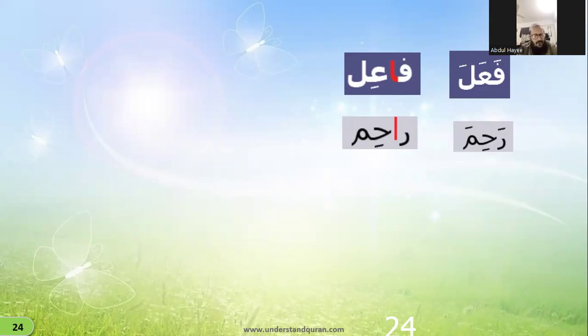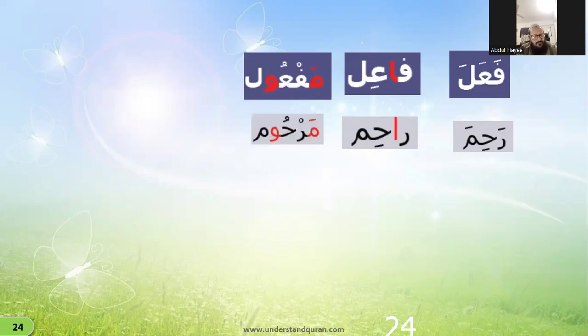Okay. What about the maf'ul? I add mim in the beginning of fa and lam and waw before the lam. It becomes maf'ul, having the effect of the action. From Rahim, it becomes marhum. There is another pattern, fa and lam: add alif nun. Fa'lan. It has the meaning of intensity.